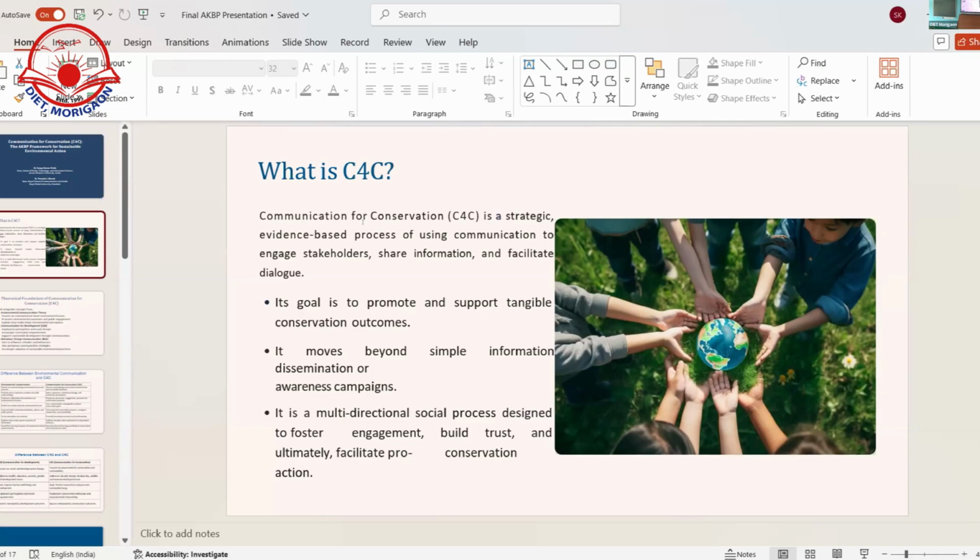So it's a kind of motivational work. Its goal is to promote and support tangible conservation outcomes. It moves beyond simple information dissemination or awareness campaigns. It's a multi-directional social process designed to foster engagement, build trust, and ultimately facilitate pro-conservation actions.